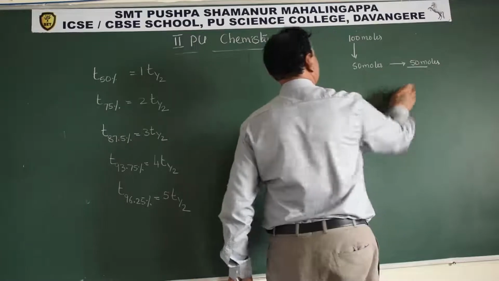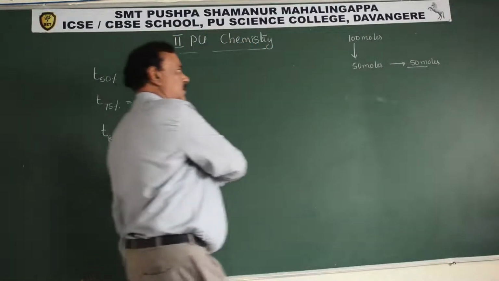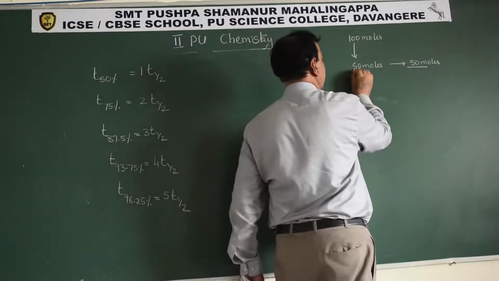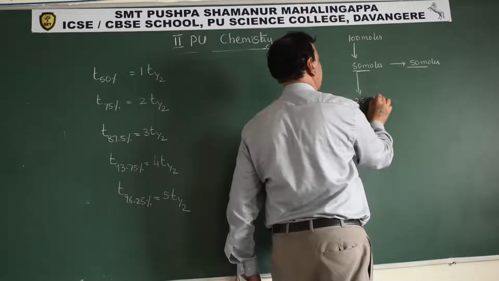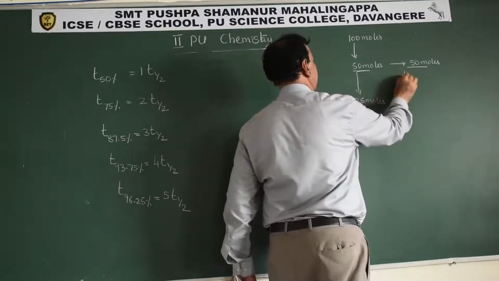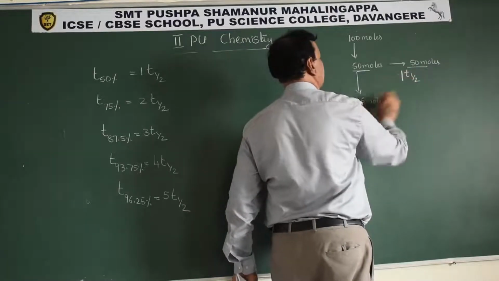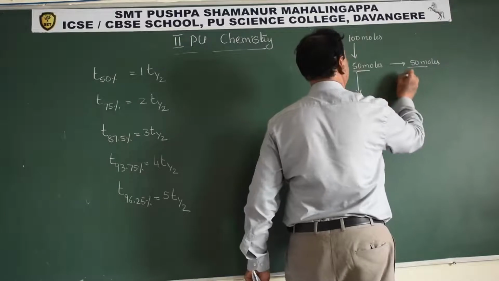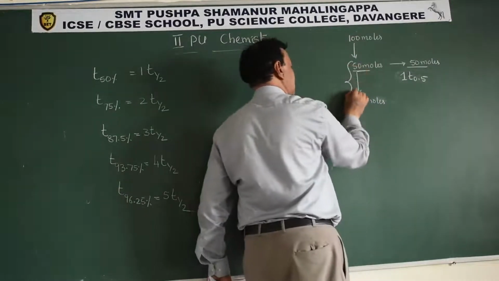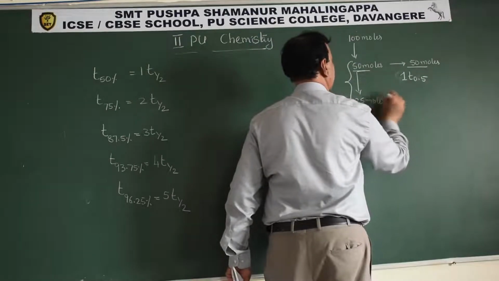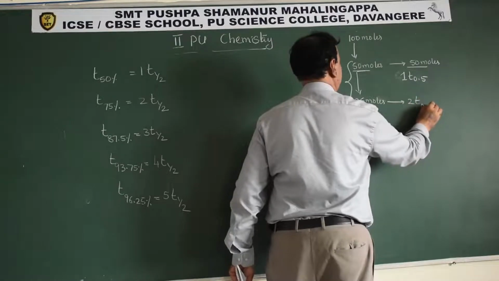That is 1 times T half. Now 50 plus 25, that is 75%, equal to 2 half-life periods.